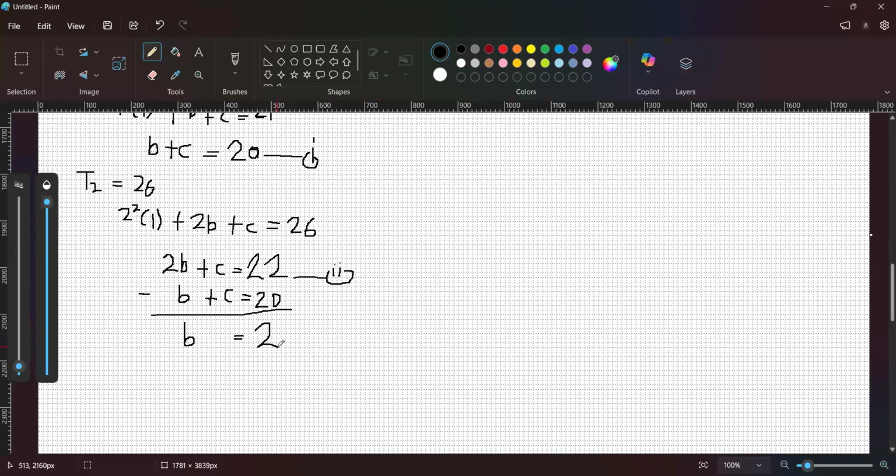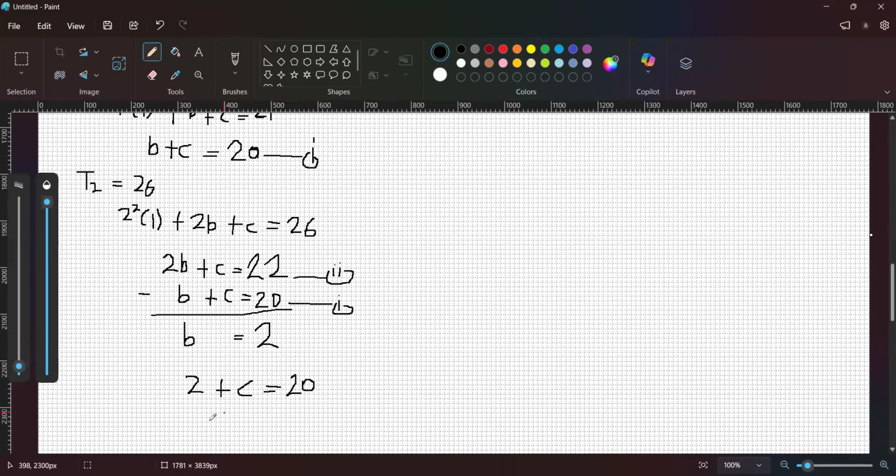Since b is 2, we can say from equation 1, sorry, not equation 2, I didn't label it, that's why I made a mistake, that b plus c equals 20.